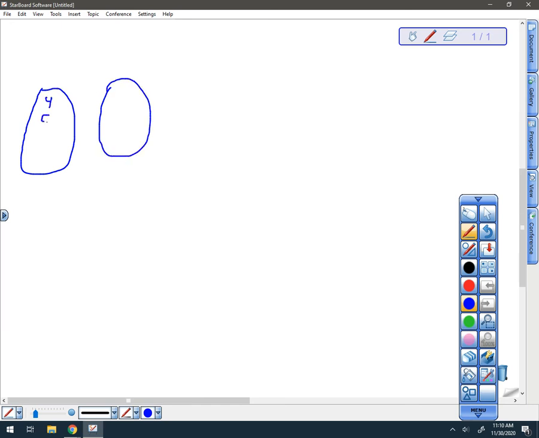Let's say we have 4, 5, 6, 7, 3, 5, 9, and let's say it looks like that. Is that a function? Yes, it is. Each number only has one arrow leaving it. So yes, it's a function.